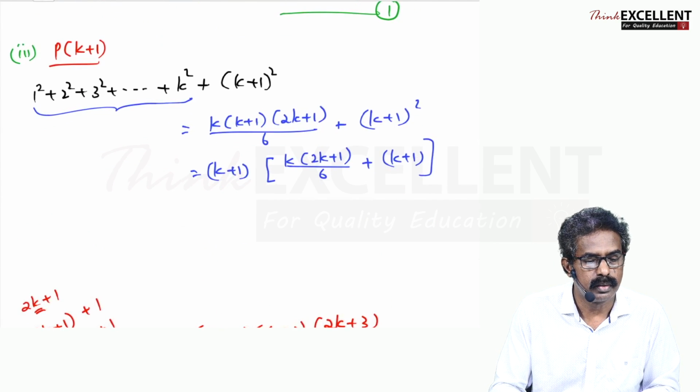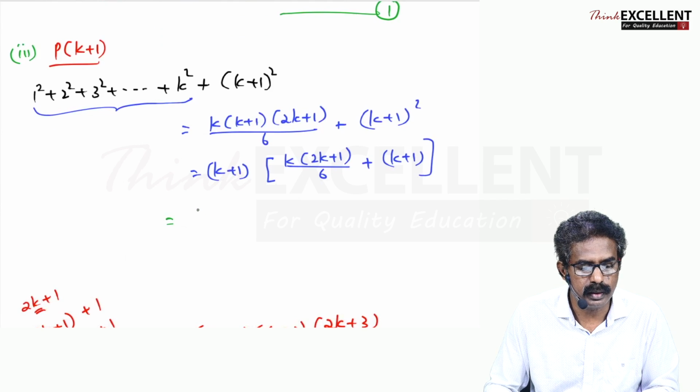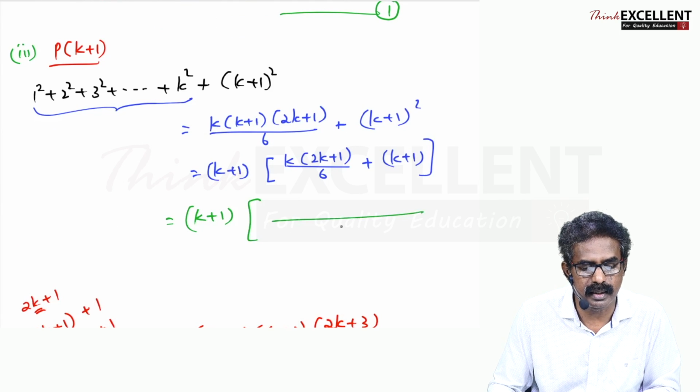So this is equal to k plus 1 into. The LCM is 6, right? So multiply both the terms by 6. So k into 2k plus 1 gives 2k square plus k, plus 6 into k plus 1, that is 6k plus 6, okay?